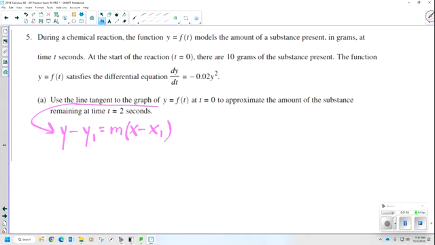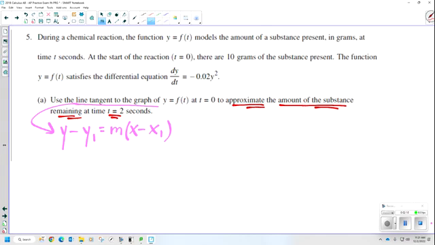I said there were two things. That's the first. The second is, once I have that equation, I need to approximate the amount of substance remaining when t is 2. So I'm going to use that equation and put a 2 in for my x, or in this case, t, and figure out what it equals.